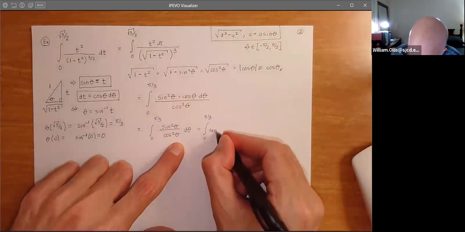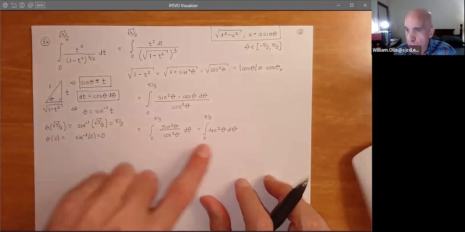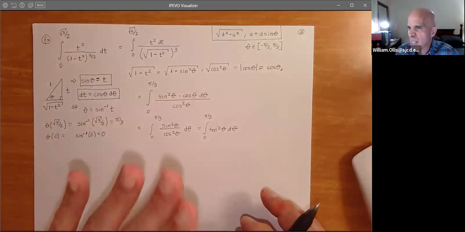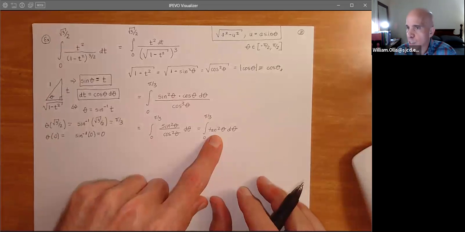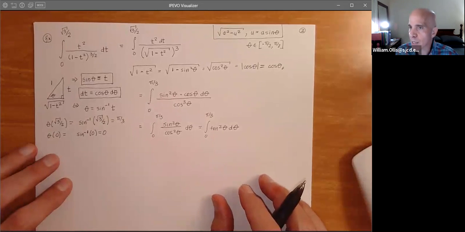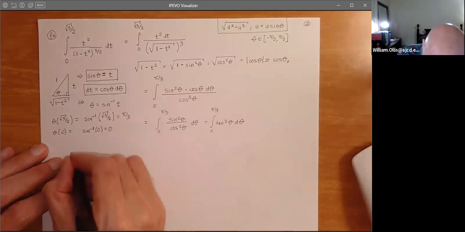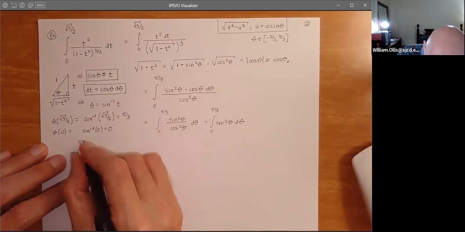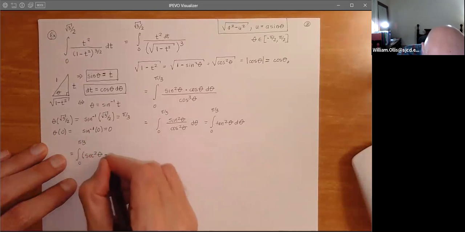So we end up with a pretty simple integral. For tangent squared, you can use the reduction formula, but that's a little bit overkill. So we'll just replace this with secant squared minus 1 using the standard Pythagorean identity. So we get the integral from 0 to pi over 3 of secant squared theta minus 1.